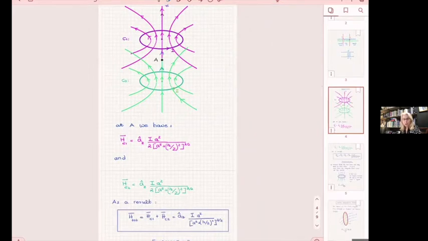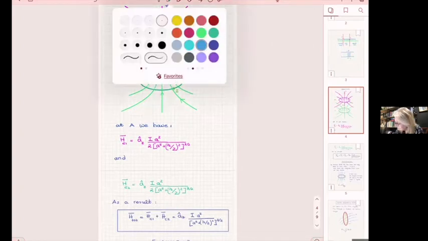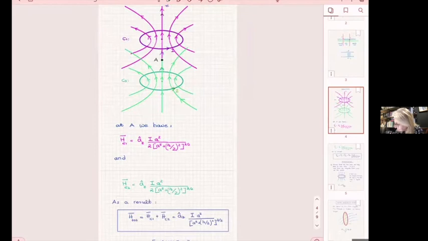And in this particular case, what you see as a first indicator is that along the z-axis here, the magnetic fields align because of the direction of the currents. The currents are here. They go in the same direction. And so along the z-axis, the two magnetic fields align and they sum up.